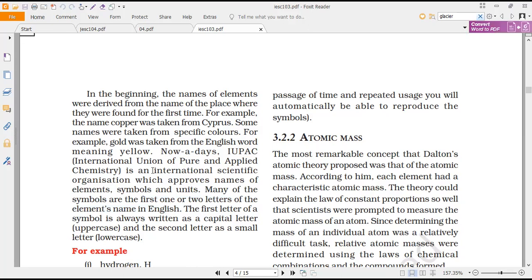Now if we take elements above 100 like uranium, they are represented with three letters also. Why? Because the number of elements keeps on increasing, so symbols with one letter or two letters are not enough to represent them. That is why they are representing with three letters also.